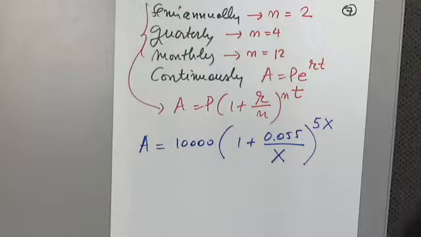Here's the key for x, right here, next to alpha. Close the parenthesis. Don't forget to put a caret now for the power, in parentheses, x times 5, or 5x, better. Let me know when you have this in your graphing calculator. So 10,000 in parentheses 1 plus 0.055 divided by x, everything raised to the power 5x.